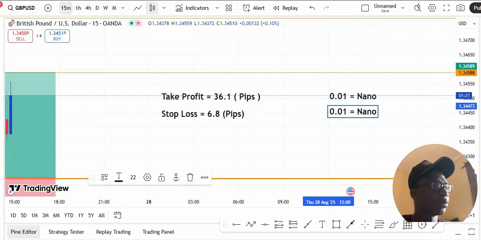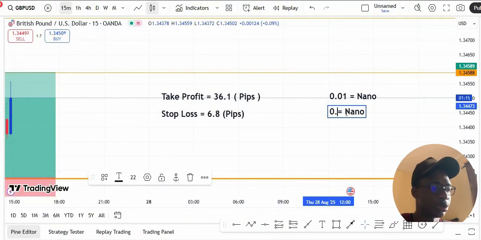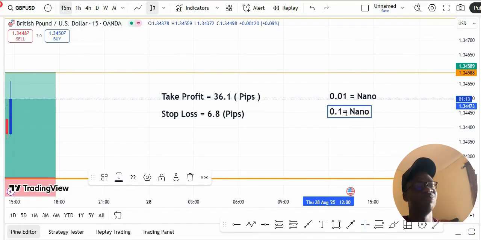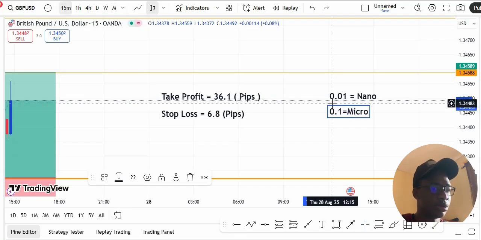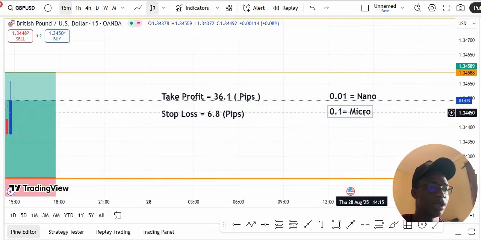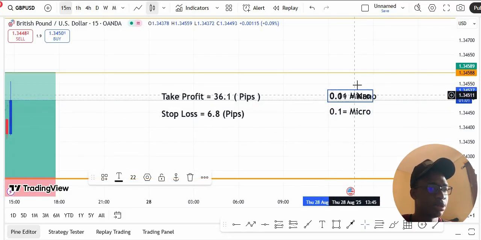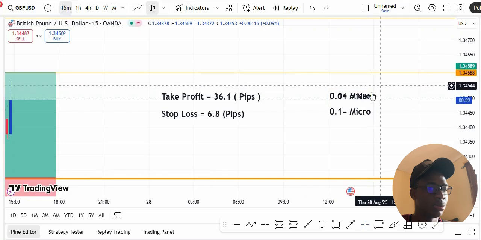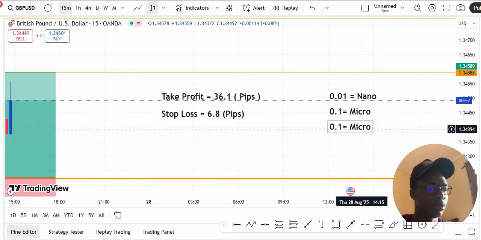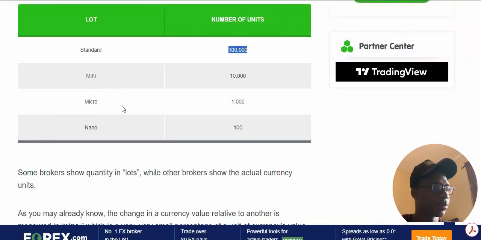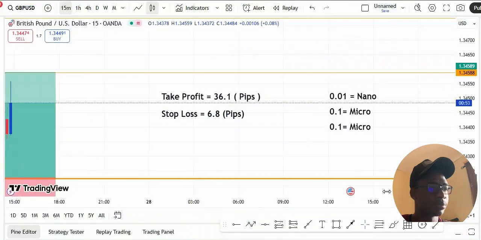After nano, we have the micro, which is 1000 units. So this is not going to be 0.1. This is the micro. Then we have the mini.